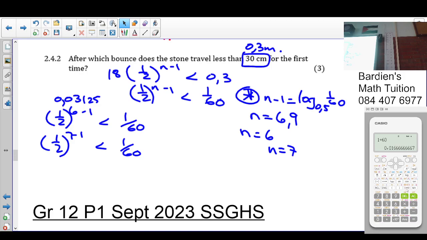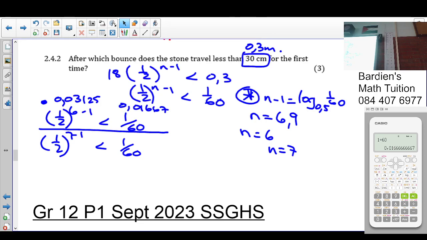gives you 0.01667. So is the first one true? No. As you can see, this is greater, which means to say it's still more than 30 centimeters.